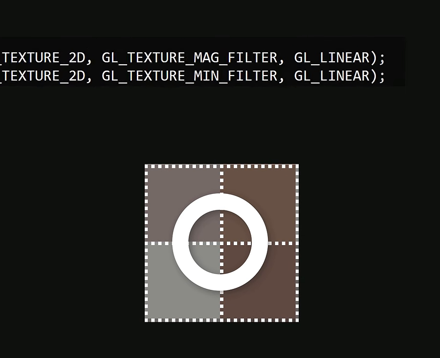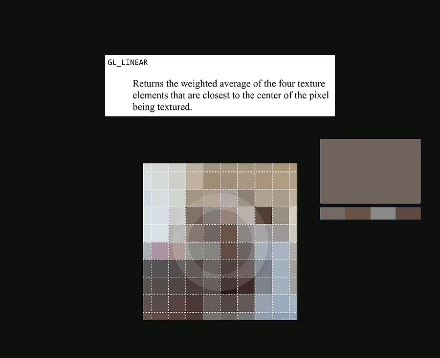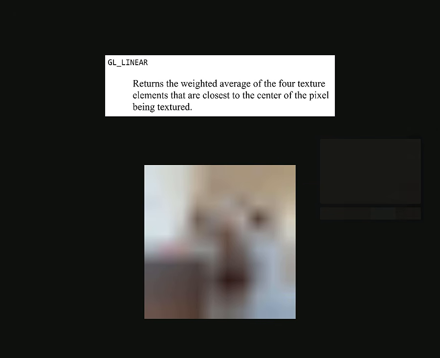For example, OpenGL provides the filtering type GL_LINEAR, which blends the pixel values together. Overall, this creates a blurry looking effect on images that have been considerably upscaled. OpenGL also provides the filtering type GL_NEAREST, which simply sets the color to the nearest pixel, which creates a jagged, pixelated look on upscaled images.